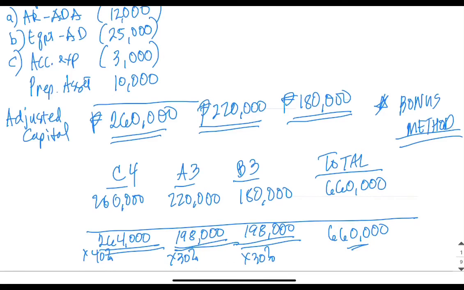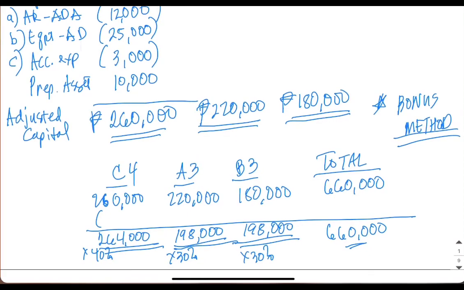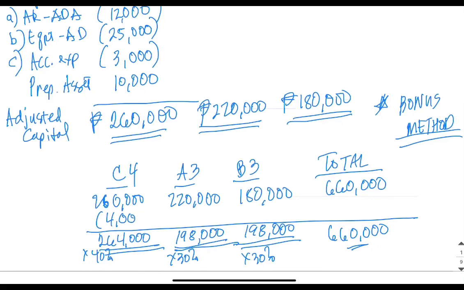Okay, so as you can see, there is an addition to partner C's capital account balance in the amount of 4,000. And then a deduction from partner A of 22,000. And lastly, a bonus to partner B in the amount of 18,000. Okay, so sorry for this one, it is an addition.